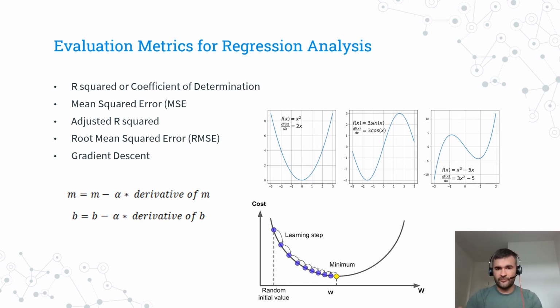So if you take a look at the picture and the equation on screen at the moment, the values of slope m and the intercept b will be set to 0 at the start of the function, and the learning rate, which is known as alpha, will be introduced.